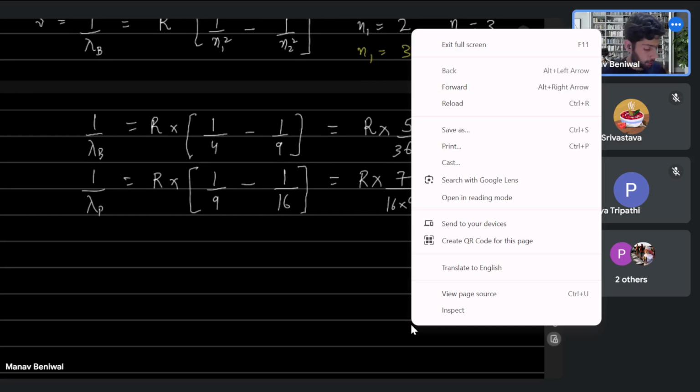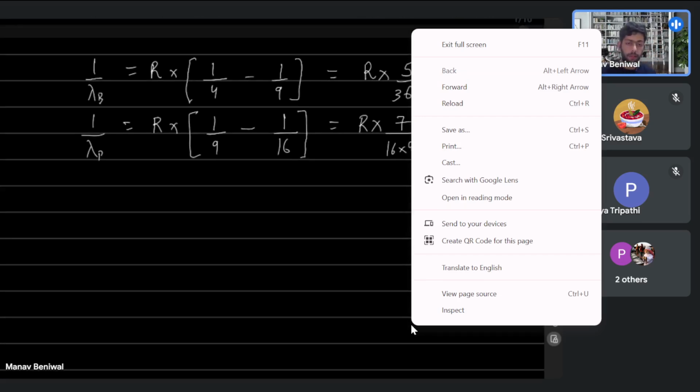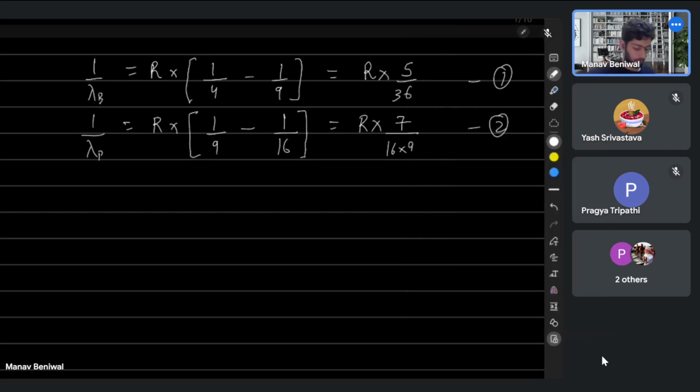So let's say this is equation 1 and this is equation 2. If we divide equation 1 by equation 2, what will we get? We will get lambda p by lambda b equals, so R's will cancel out. R into 5 over 36 divided by R into 7 over 16 into 9.